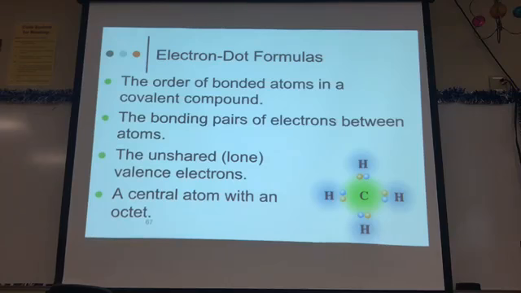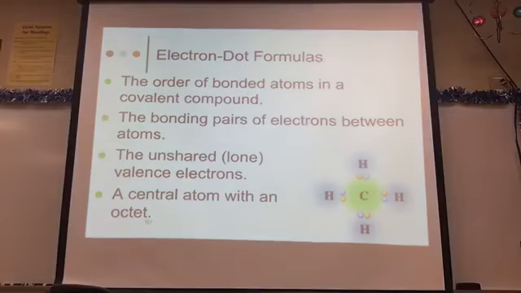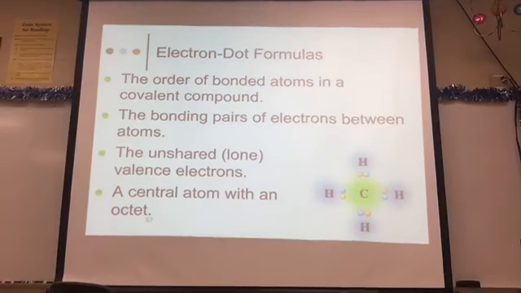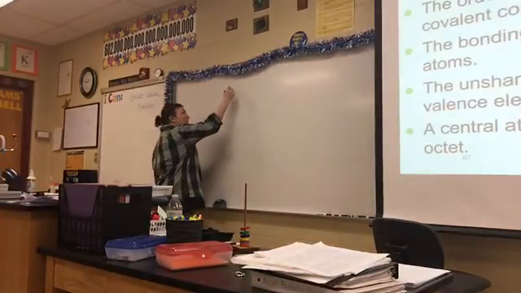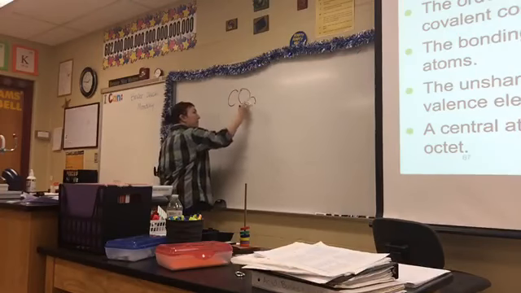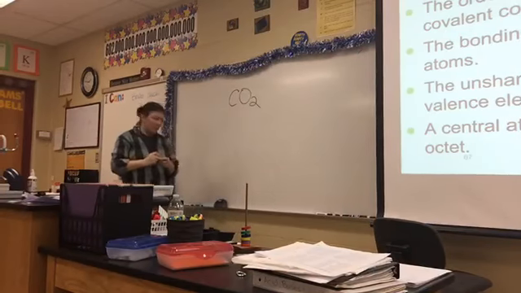Remember the ones we made last chapter? So we're going to use our Lewis dots, and they're going to show us the bonding pairs of these electrons and how these structures are coming together. So for example, let's say I have CO2, carbon dioxide.